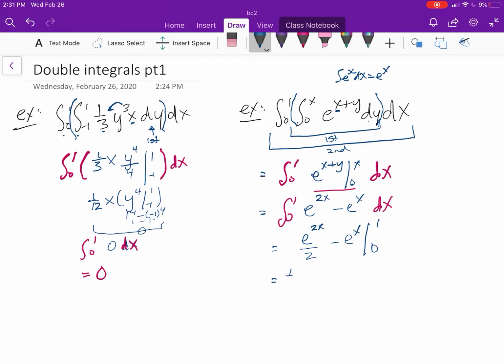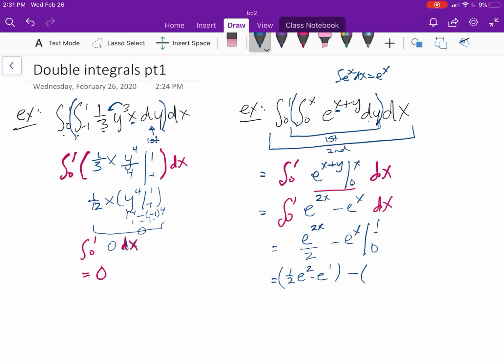Substitute 1, we'd have 1/2 e squared minus e to the 1. Okay, that's substitute in the 1. Now substitute 0. So, subtract, my bad.